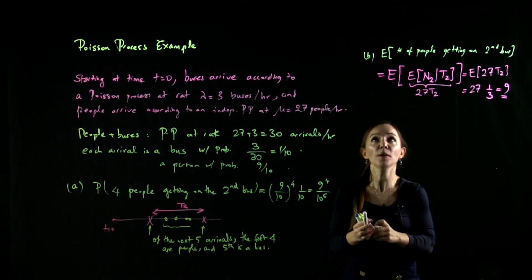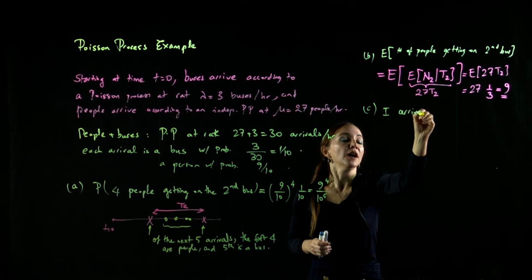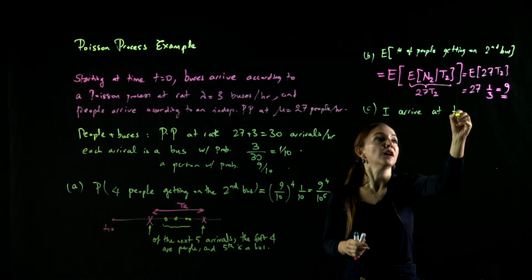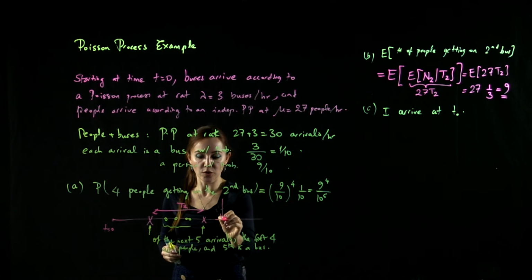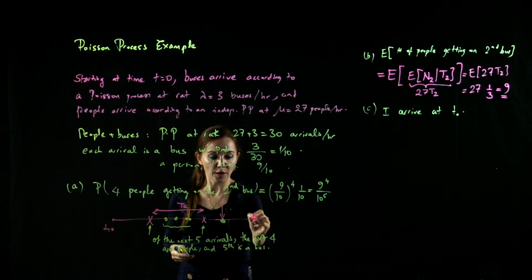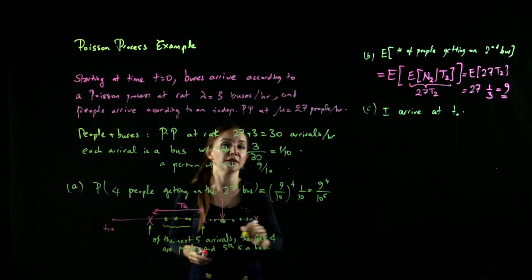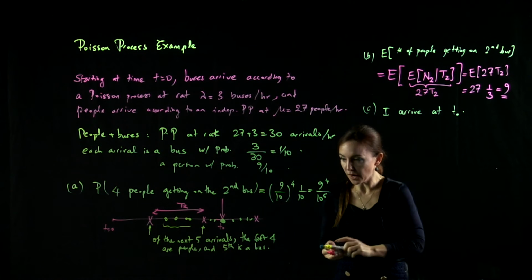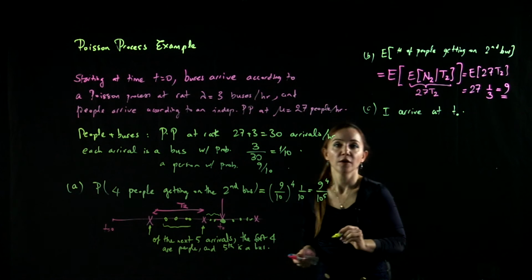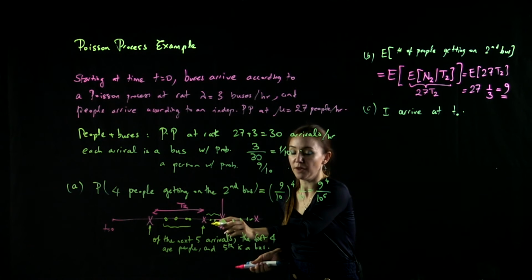But how about the following? Suppose I arrive at the bus stop at time T0. So I just arrive at a random time T0, and I am curious about the number of people on the bus that I get on. Of course, when I arrive at T0, there may already be some people waiting at the bus stop who have arrived before me and after the last bus that left.